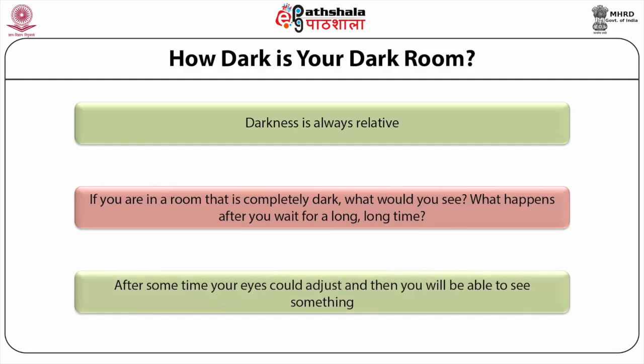After some time, your eyes could adjust and then you will be able to see something around you. So the idea is that darkness is always a relative thing. There is always, if we can say in terms of photons, light present at any place.